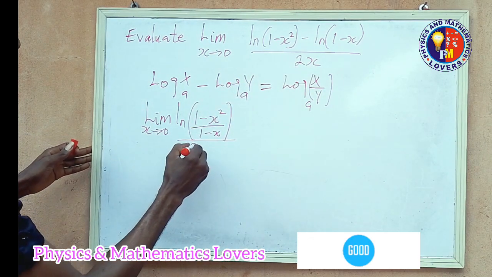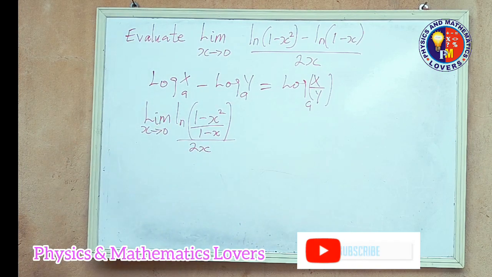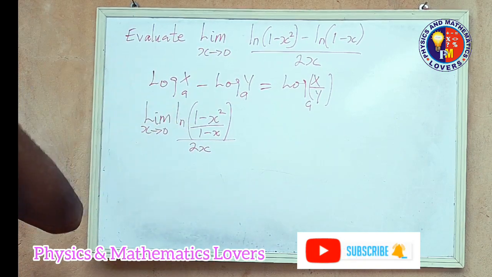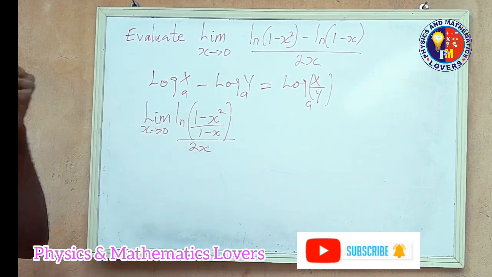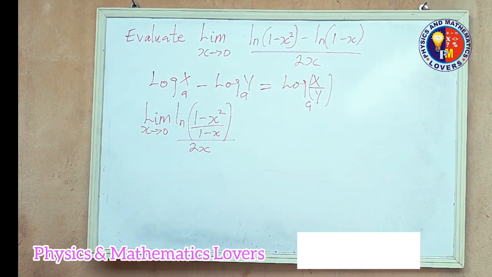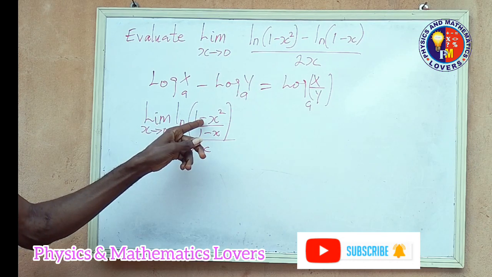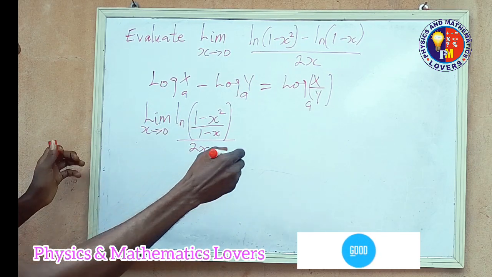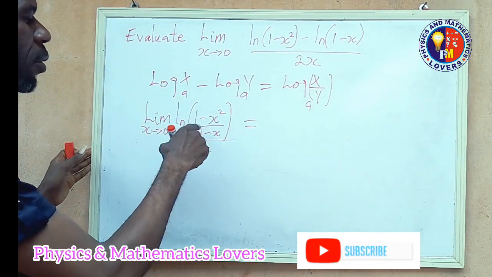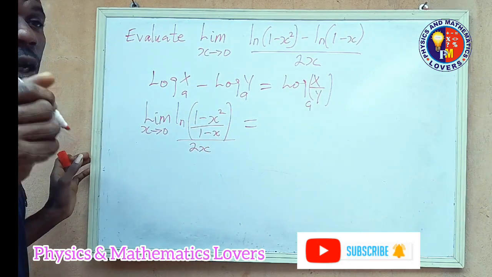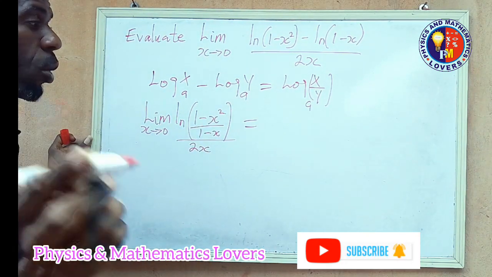All over 2x. Okay. Now let's go further to this numerator and simplify. In algebra, whenever we have 1 minus x squared, we are talking about a difference of two squares.